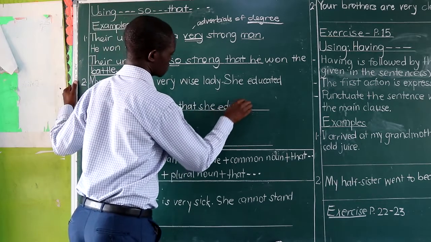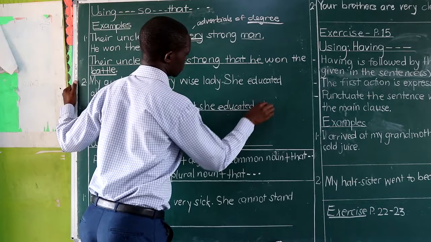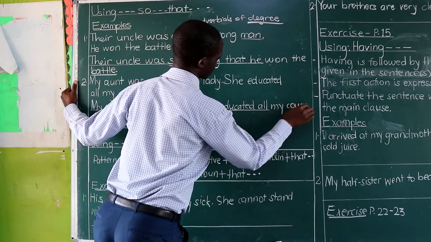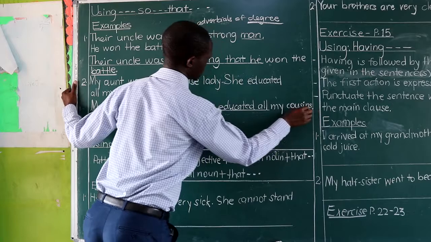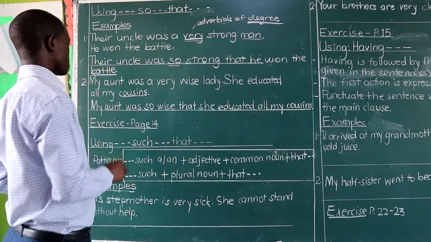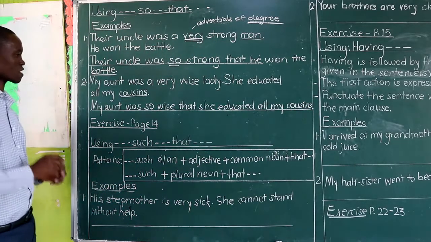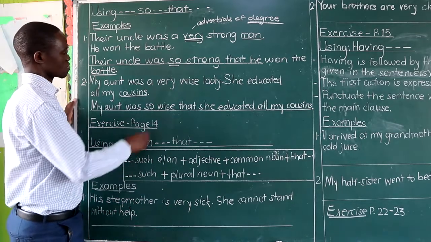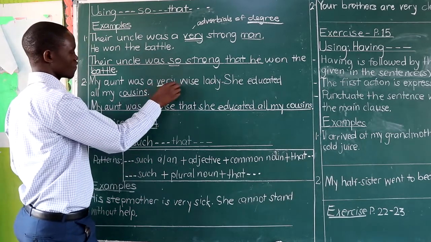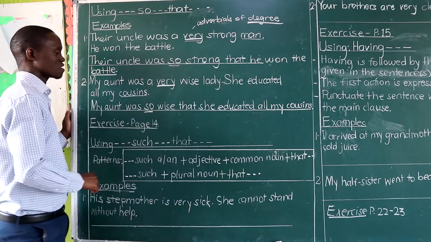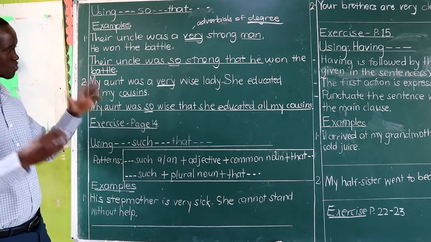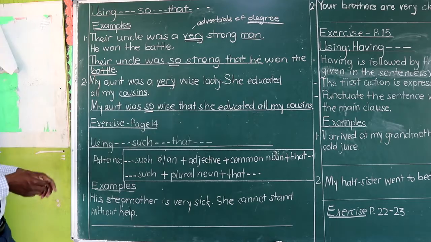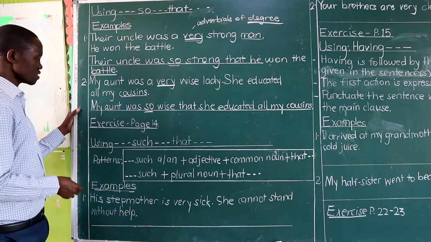She educated all my cousins. Full stop. That's our answer: my aunt was so wise that she educated all my cousins. Remember that the teacher has stressed one important thing here. Very and so cannot be used in the same sentence. When I use very, there is no so. When I use so, very disappears automatically. So that's how we go.